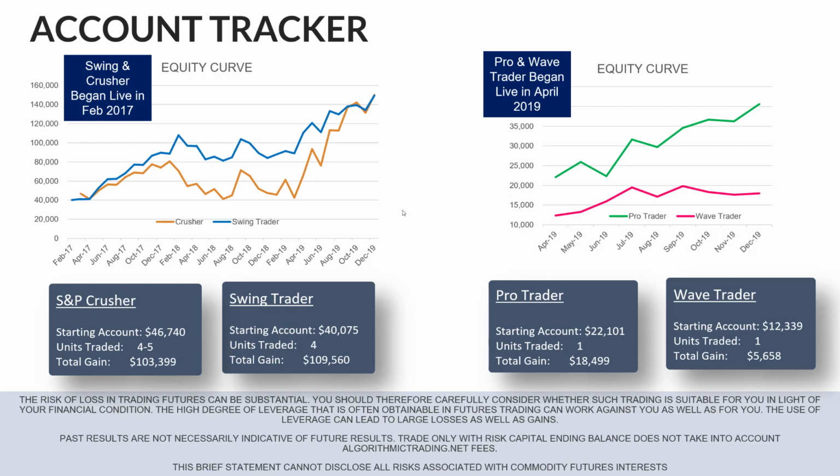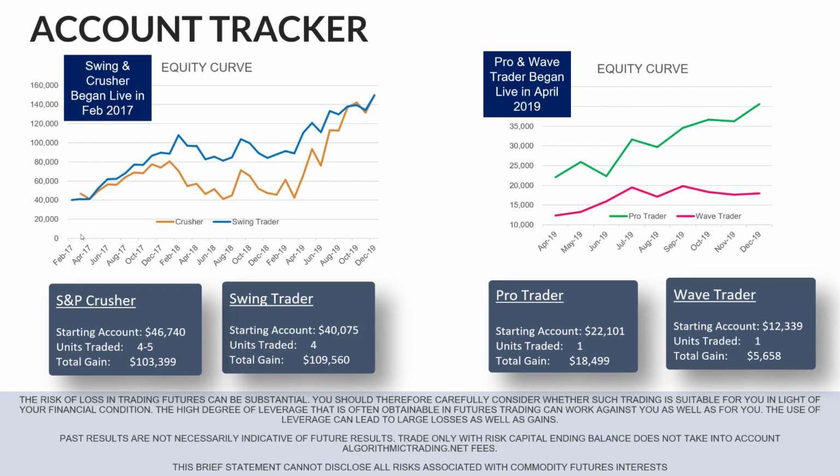But again, I'm not a CTA. What I want to highlight is that this shows an account starting in February 2017. Let's just look at the crusher, and then we'll look at the swing trader. The crusher account started back in February of 2017 with 46,740.